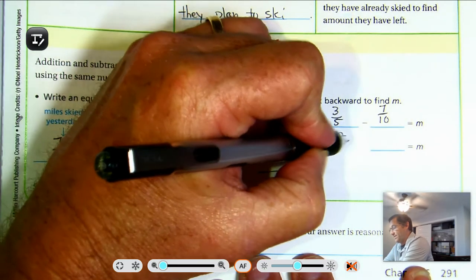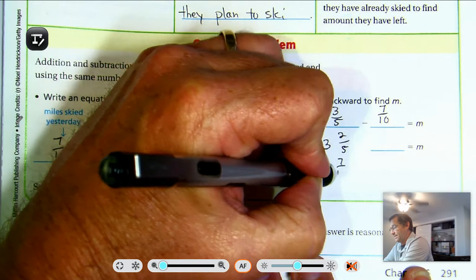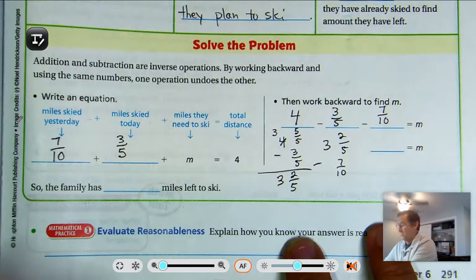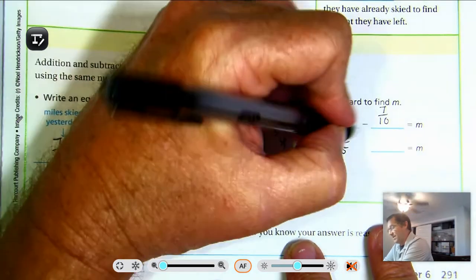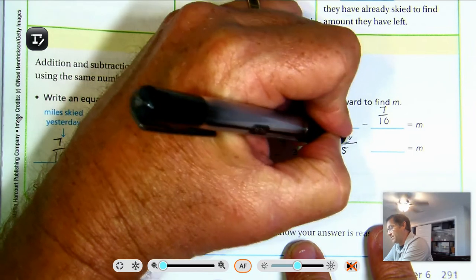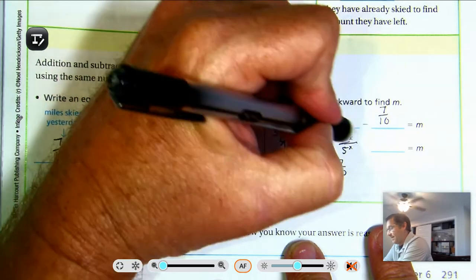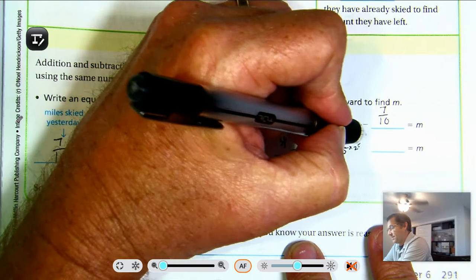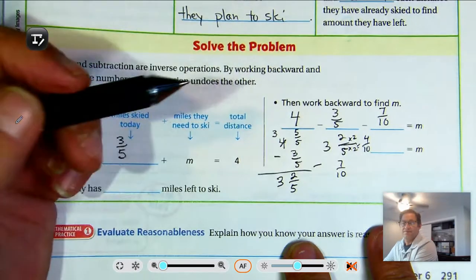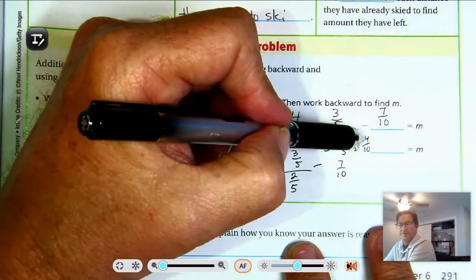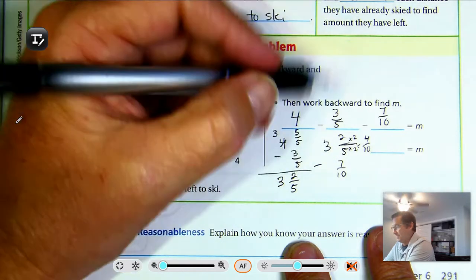So now we have 3 and 2/5, and we have to take away 7/10. Well, 10 and 5 are unlike denominators, but I can turn the fifths into tenths by multiplying by 2. So 4/10. So we have 3 and 4/10 minus 7/10.